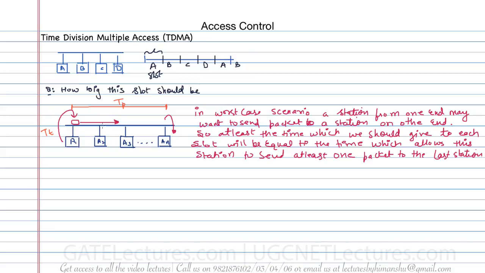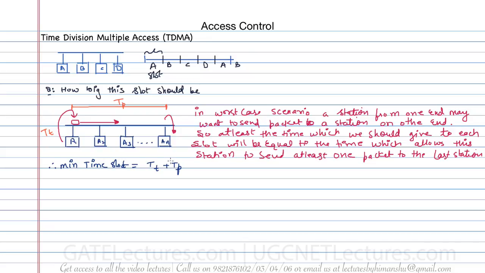Propagation time means the time taken to travel in the medium, and transmission time is the time taken to place the data packet into this communication medium. Therefore, the minimum time slot which we should give is transmission time plus propagation time, or TT plus TP.